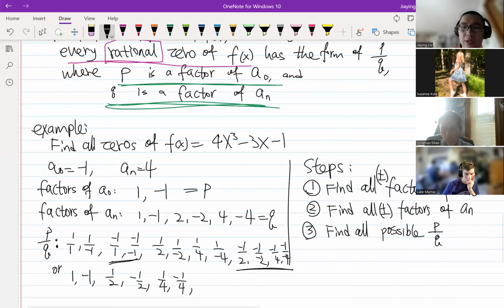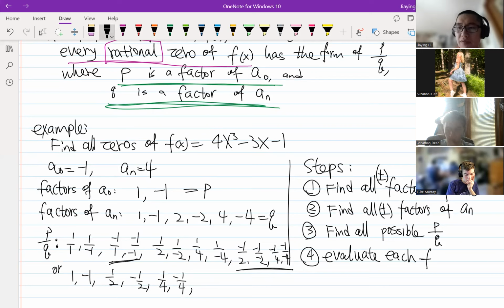So step 4. Evaluate each P over Q in f of P over Q to see if f of P over Q equals 0.